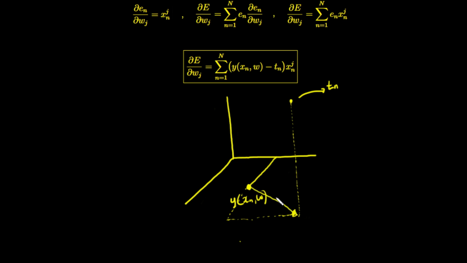Now in order to minimise this error, we're going to have to come along this distance here. Now this distance here is going to be given by our omega naught in this direction, and it's going to be given by our omega 1 in that direction.